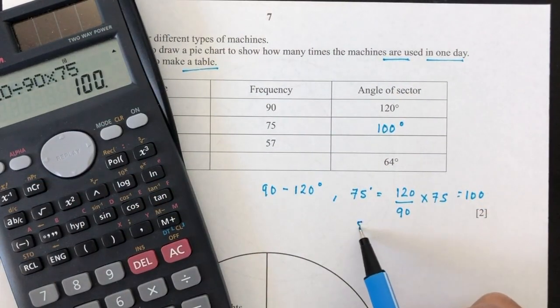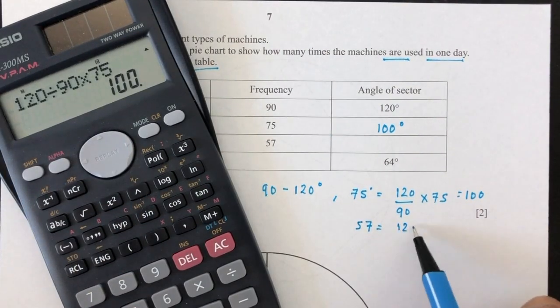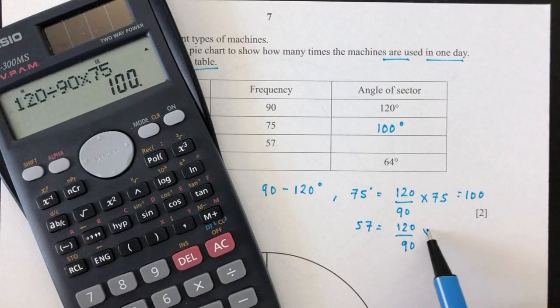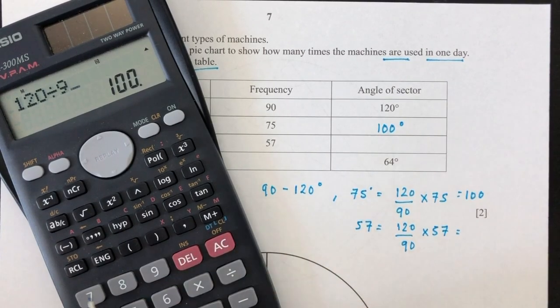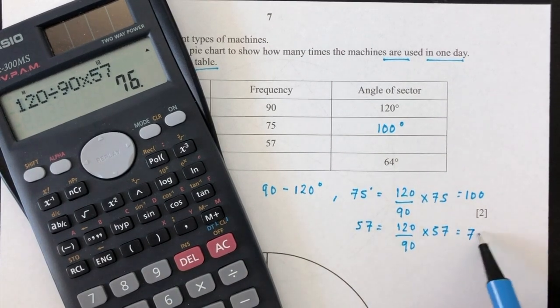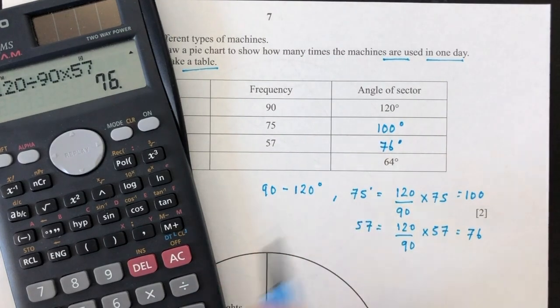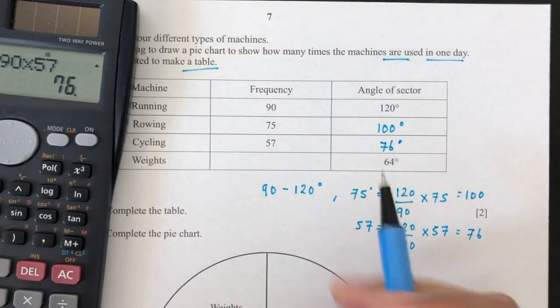How about 57? Same step, 120 divided by 90 times 57. That will be 76. And the last one, you have to use this same thing as well.